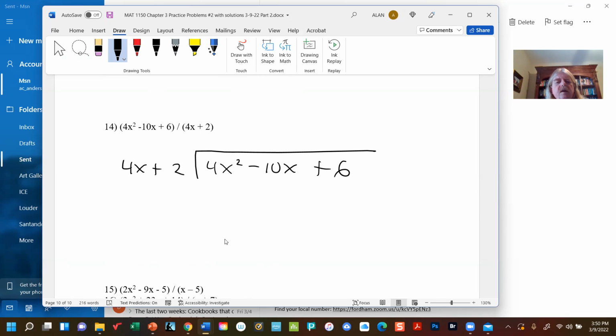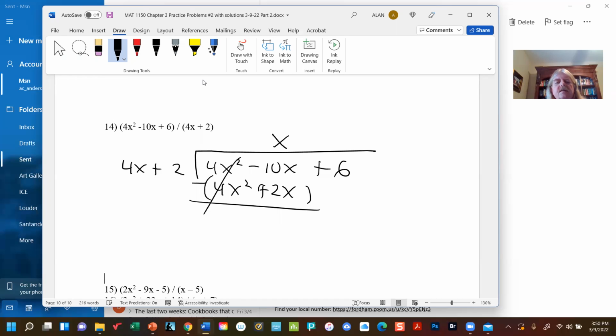All right, so we have 4x here, which when multiplied by this expression gives me 16. Oh, actually, no, I don't want that. I want just plain x. I want to get rid of this 4x squared, whatever it takes. So we'll try that. 4x squared plus 2x, subtract the whole thing.